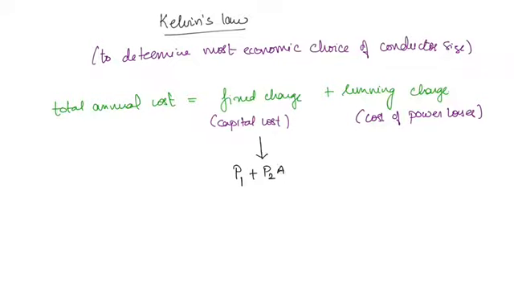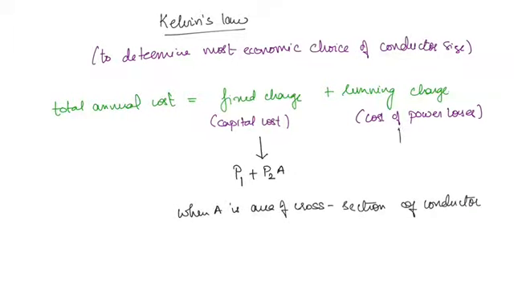Now this capital cost you can represent as one constant plus another term which is proportional to the area of cross section. A is the area of cross section of the conductor. The running charge is proportional to I squared R, where R is the resistance. How will resistance depend on the area of cross section?